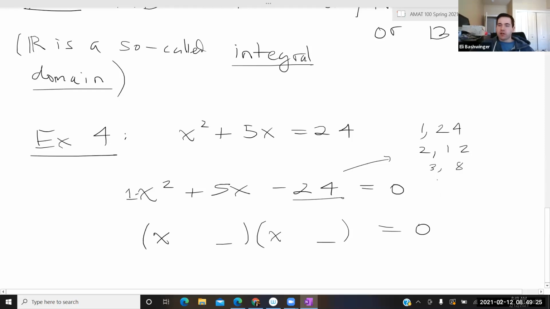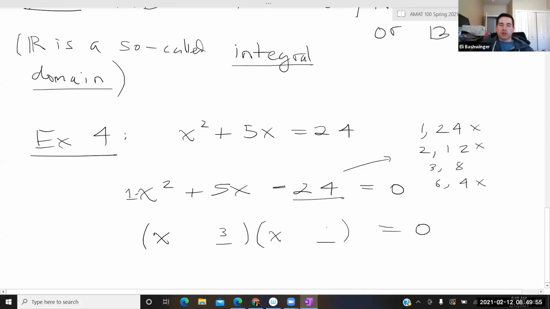I think that's right. But we have to worry about the sign too, because we have this negative here. If you go through these possibilities, you can rule out this one and this one, and you'll see that the only possibility left is 3 times 8, and that gives you what you want.